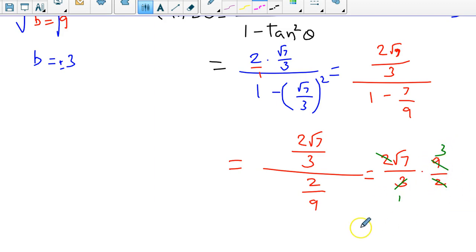So what is your ultimate answer? It is 3 root 7. That is the value of tan 2 theta.